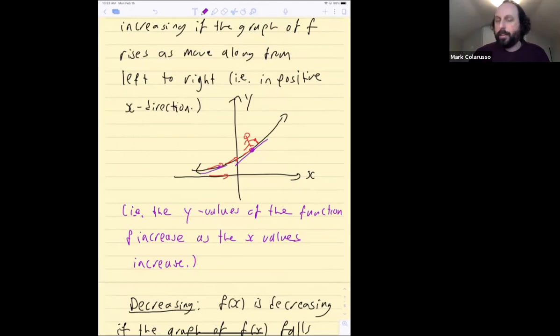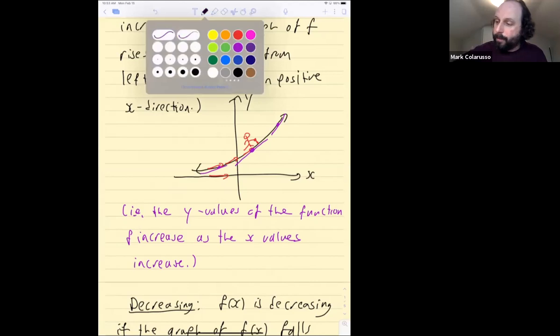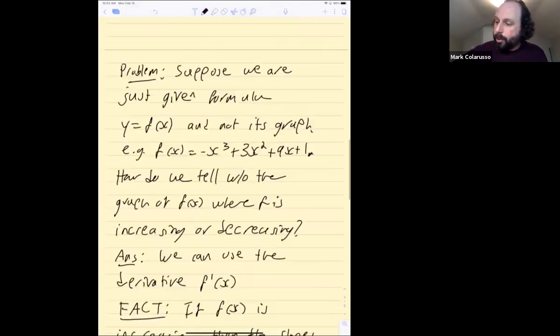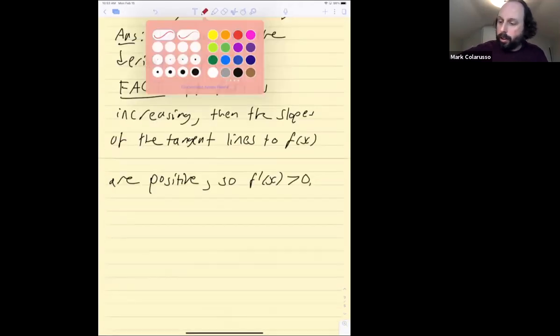Maybe at the bottom of the mountain it's a gentler slope, but it's still positive, and as you get closer to the peak it gets steeper and steeper. But anywhere along this graph, we see positive slopes of the tangent line. Let me put this in a nice color.